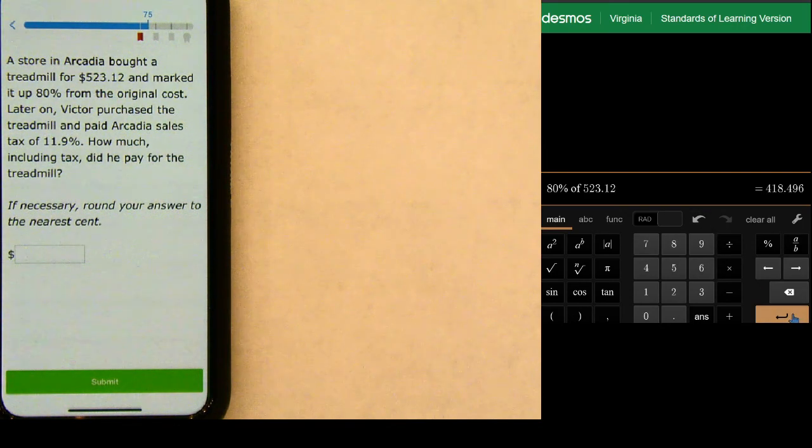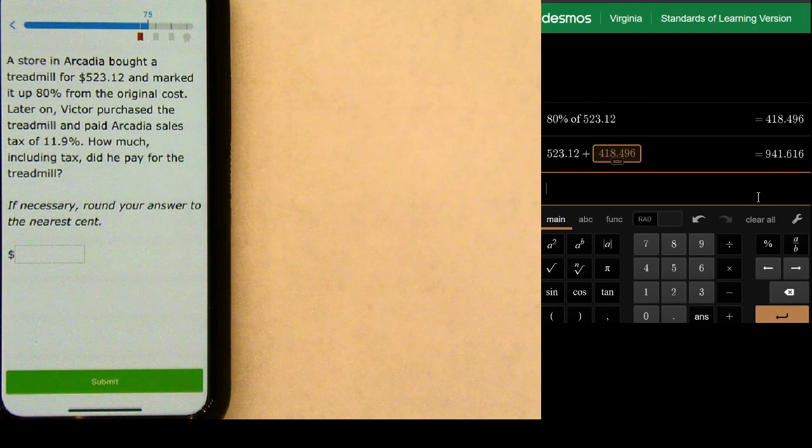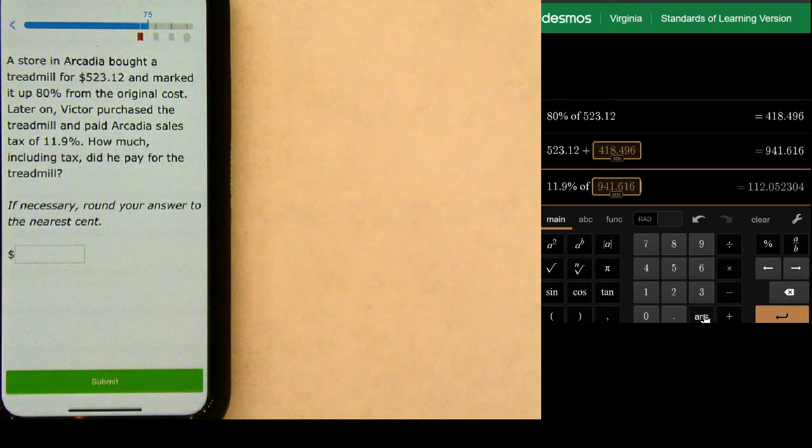So I'm going to say, all right, hit enter. And now I need to say 523 for my original price and add it to my amount of markup. So my new price is going to be that 941. So now I take that amount, and so I need to say 11.9% sales tax of my previous answer.